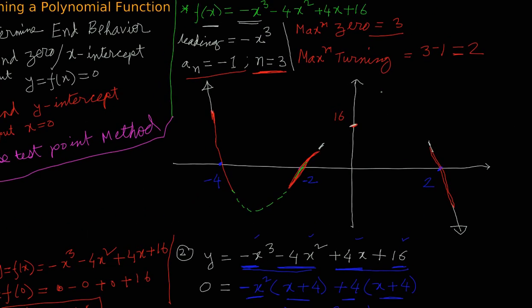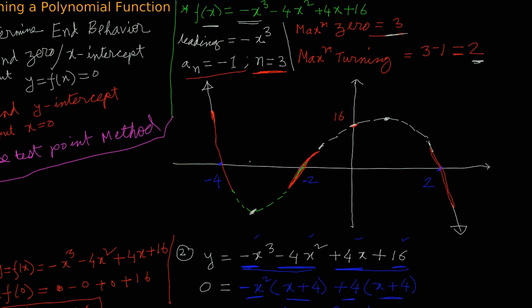Also, if I keep in mind that I have 3 maximum real zeros and a maximum of 2 turning points, it seems that this is the only way to connect these two. So in this approximate drawing with the dotted line, I have 1 turning point here and another turning point here. So I am not violating my maximum number of turning points, which is 2. Let's leave it like that.